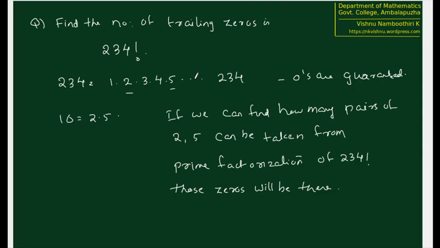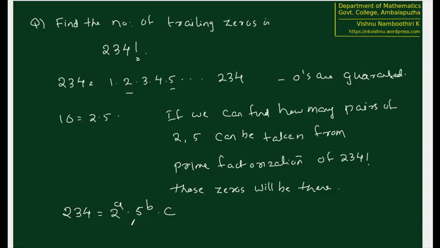So like that we have to find out how many 5's are appearing in 234 factorial and how many 2's are appearing. So basically, if we are able to write 234 factorial equal to 2 to the power a into 5 to the power b into whatever is remaining as c, then we know how many 2's are there, how many 5's are there.